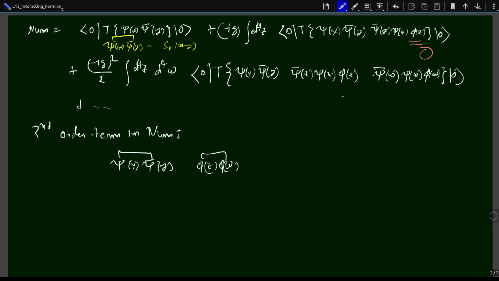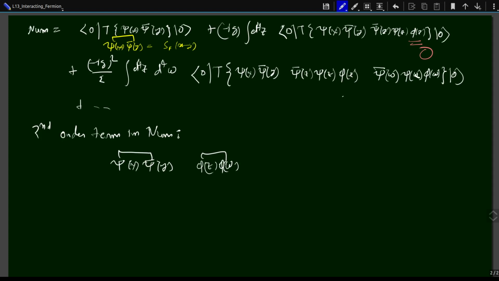So what I do, I contract. I take this ψ̄(z) all across to the right hand side, and it gives me a minus sign overall because it goes across 3, so 1, 2 and 3 of these guys.